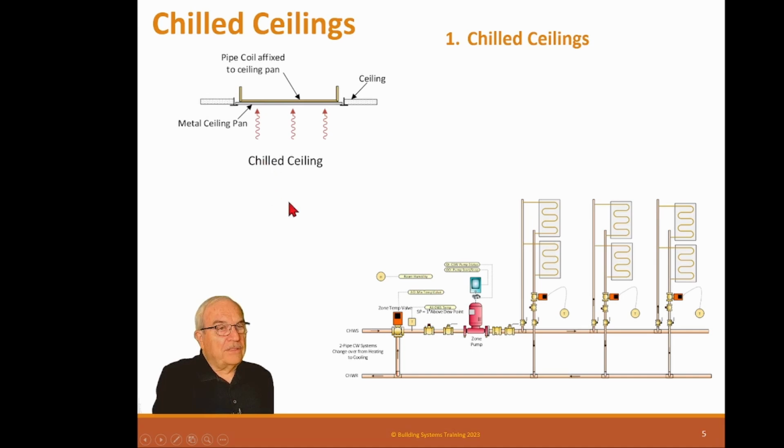So what happens is the heat of the room radiates up to this cold plate. This plate is cold, and it's radiation, but it's negative radiation, so it's absorbing heat from the space. And this just lays in regular ceiling tiles, nothing special, except the one thing that's interesting, because I've installed several of these, is that people don't realize they're there.